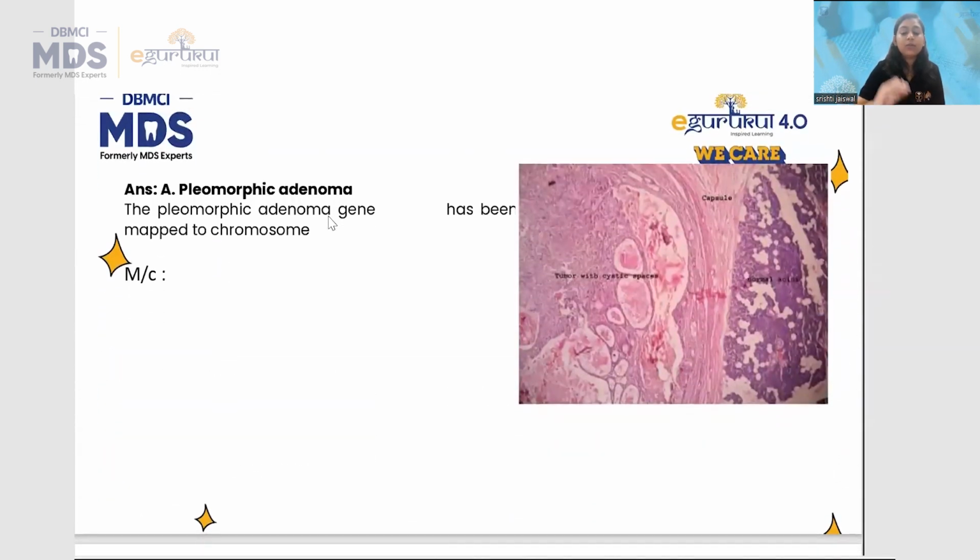Now, which is the most common salivary gland neoplasm? The most common salivary gland neoplasm is pleomorphic adenoma.